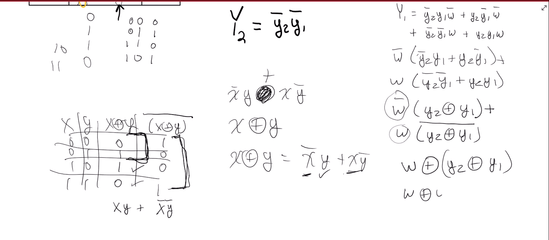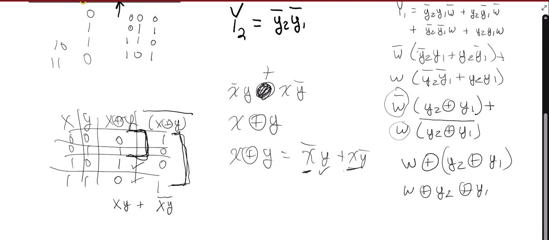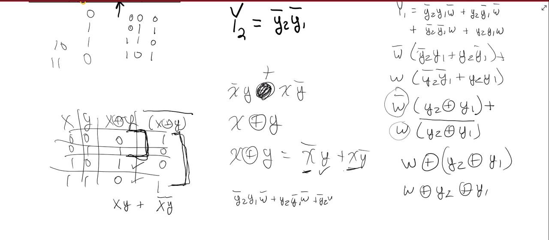So that is a way that we can build a circuit that's slightly smaller than if we used all these gates. Also, if you just look at the function that we had, which was y2 bar y1 w bar, plus y2 y1 bar w bar, plus y2 bar y1 bar w, plus y2 y1 w.